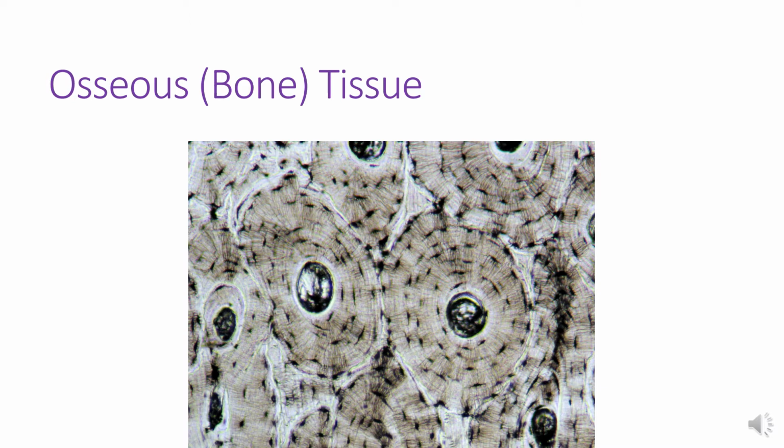And because of that, there are some similarities in structure between hyaline cartilage and osseous tissue, especially that the living cells of bone, the osteocytes, are trapped inside of lacuna, their own little chambers.